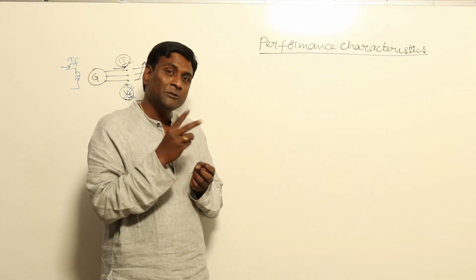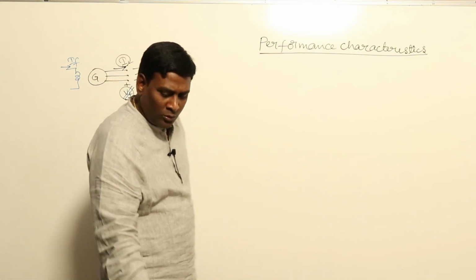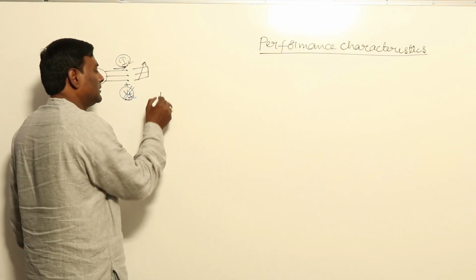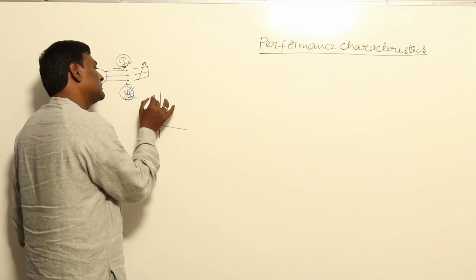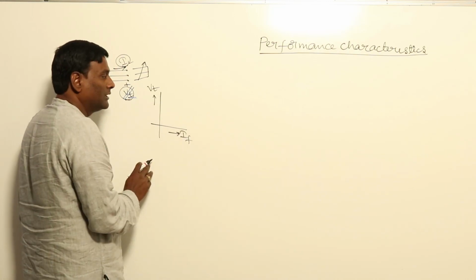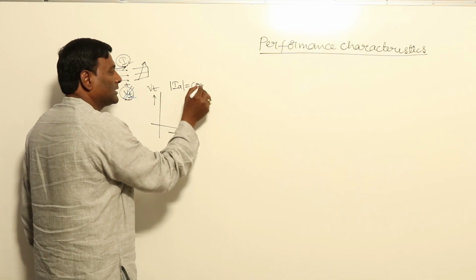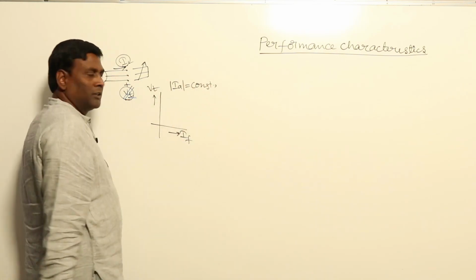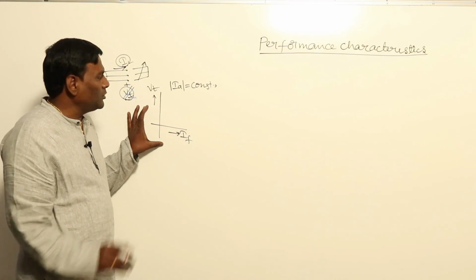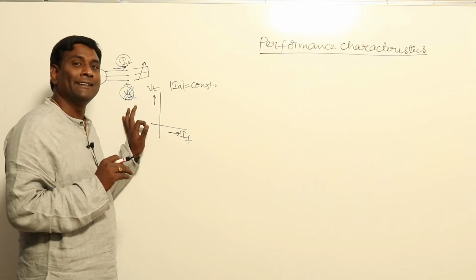So in order to have a split between these two, the load characteristic will be useful. Load characteristic means the Vt versus If characteristic, terminal voltage versus field current, for a given Ia constant, which is nothing but full load. About this characteristic, you are not going to remember anything. Everything will come automatically in the exam.